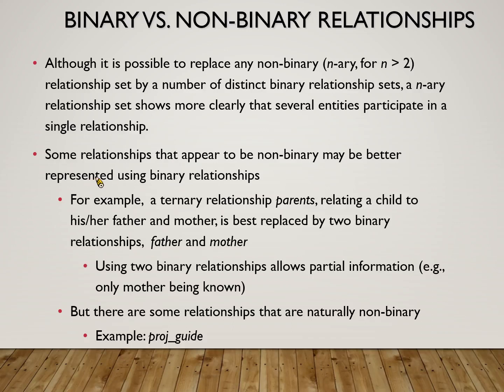Some relationships that appear to be non-binary may be better represented using binary relationships. For example, the ternary relationship parents, relating a child to his or her father and mother, is best replaced by two binary relationships, father and mother. And using two binary relationships allows partial information, particularly with only the mother being known.